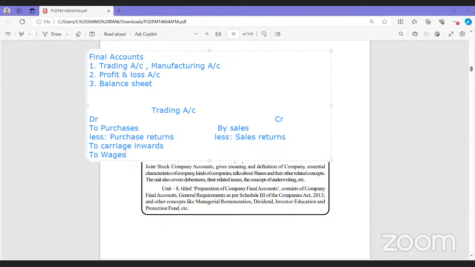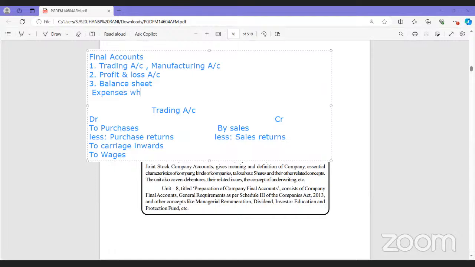Like this, all the expenses which are directly related to our purchases, we write in the trading account. That is the reason whatever expenses we write in the trading account, we call them direct expenses.